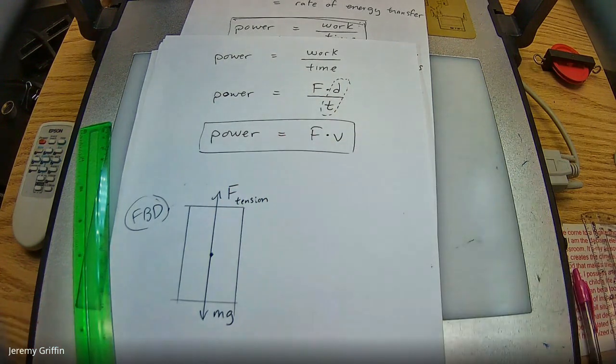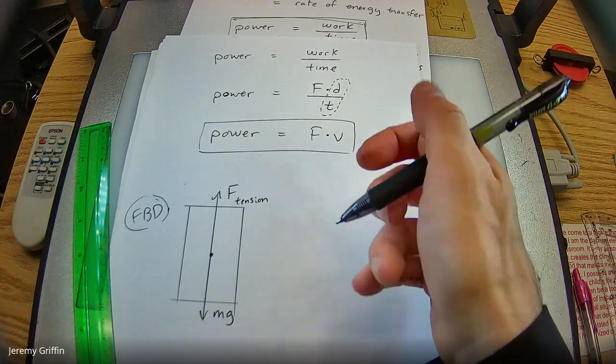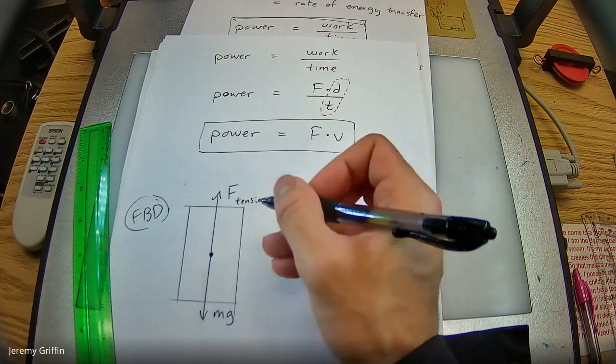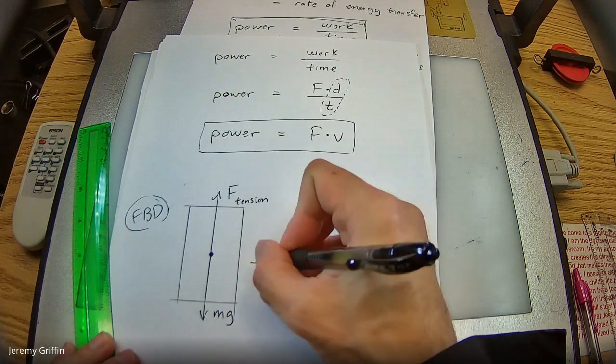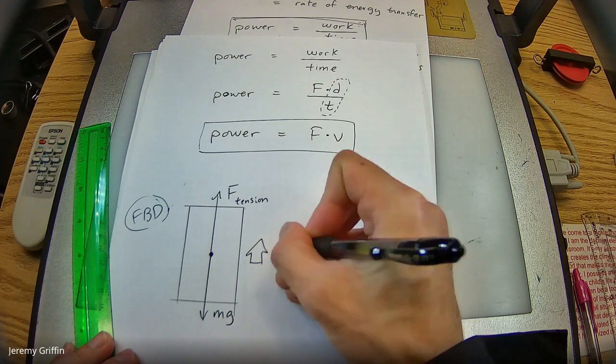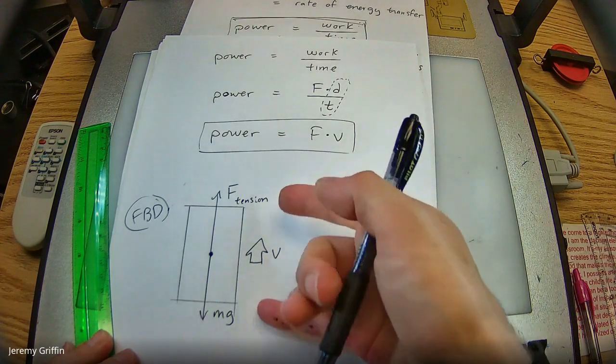The way I just drew this, those are equal magnitude, which means this elevator is in equilibrium. So it might be at rest or it might be moving. Let's say it's moving. If it is moving, it's moving with constant velocity, because the force is balanced, so there's no acceleration.